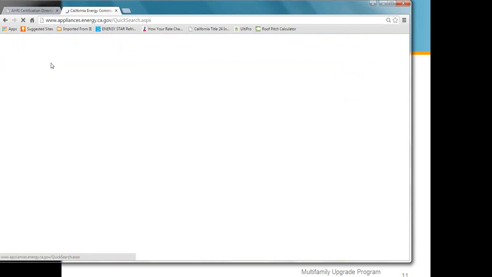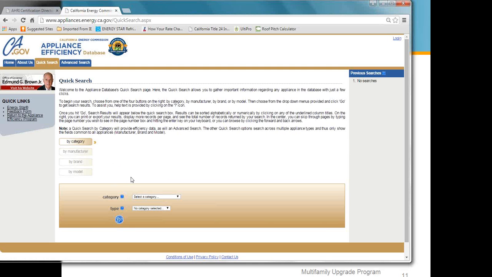My quick tip is to use the quick search first, go in by model number, type in the model number you're looking for, and hit go, and then from there it'll come up at the bottom, and you can look further in on the advanced search to get what you need.